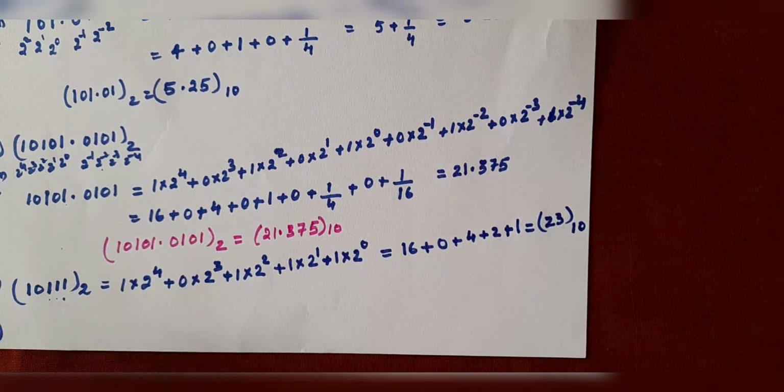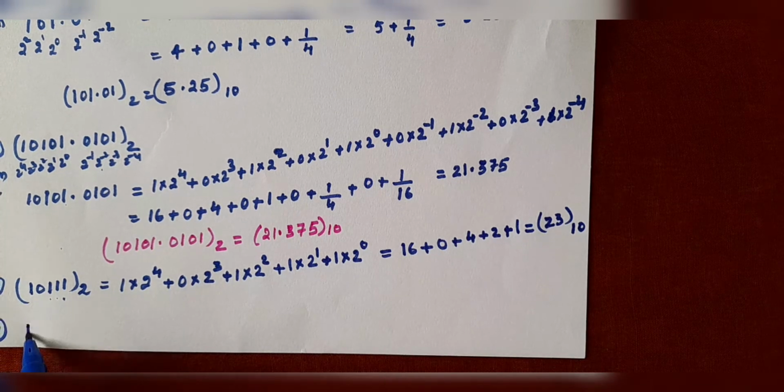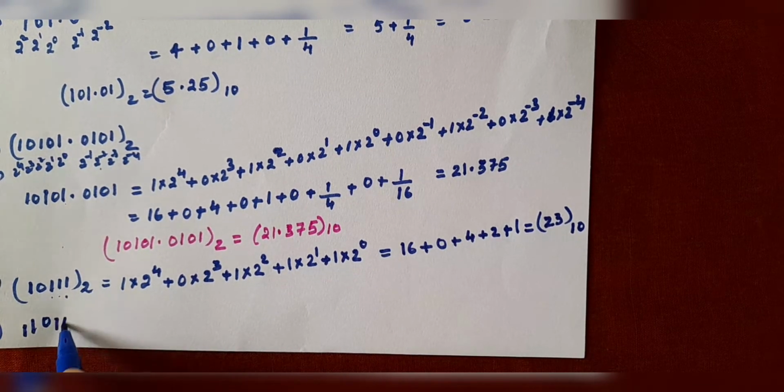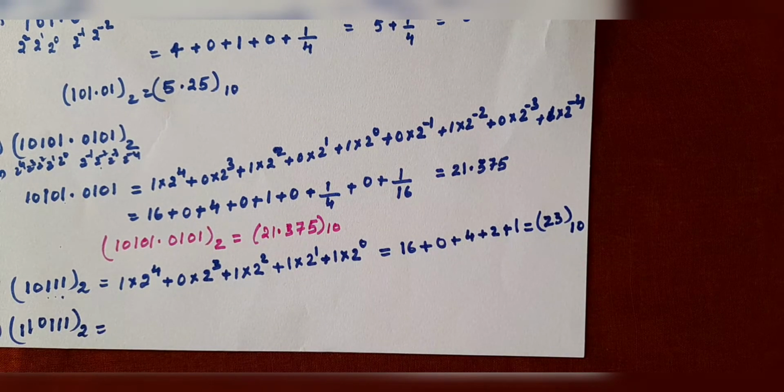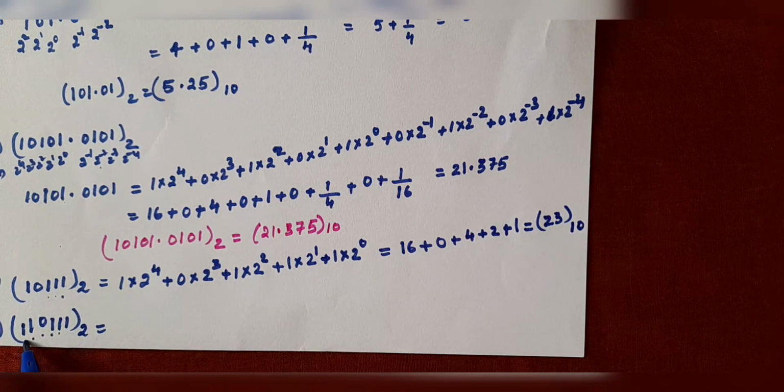Fourth question. 1101111. Convert this number to decimal. 2 to the power 0, 2 to the power 1, 2 to the power 2, 2 to the power 3, 2 to the power 4, 2 to the power of 5.